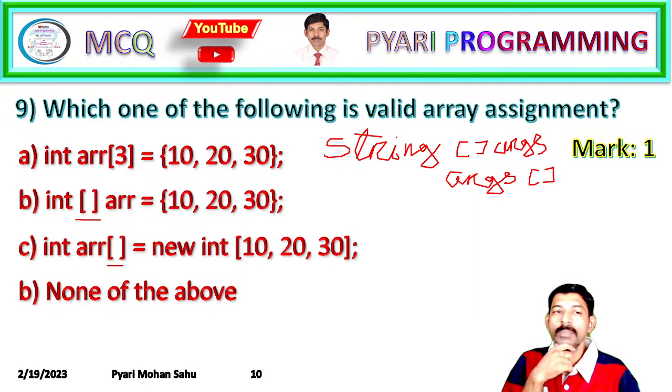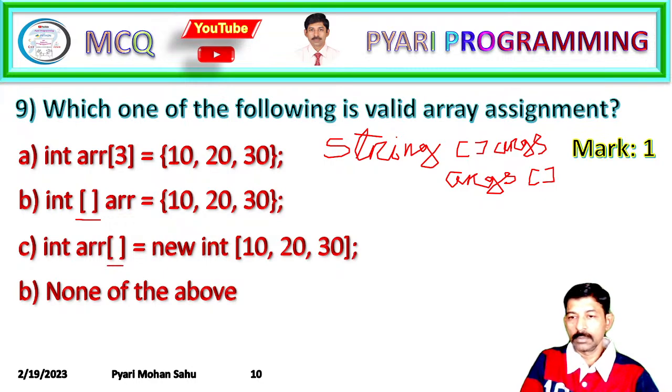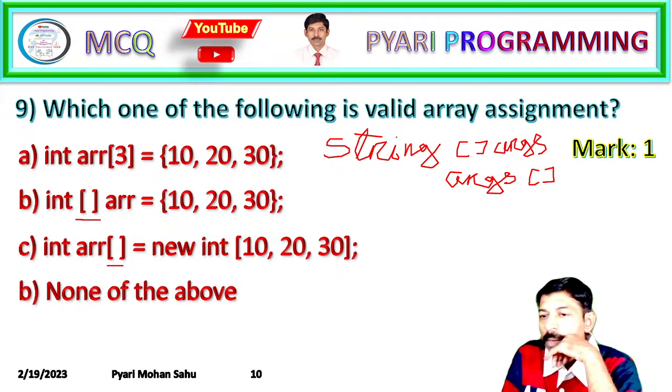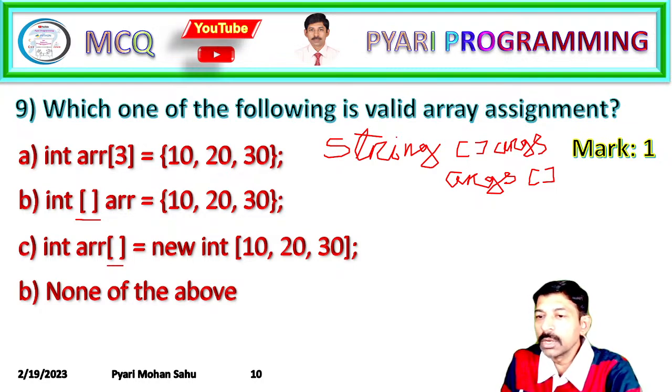Shivam, 9, none of the above. Reason, none of the above. 9B, direct initialization of elements. Sir, square bracket can be on the left, also right.